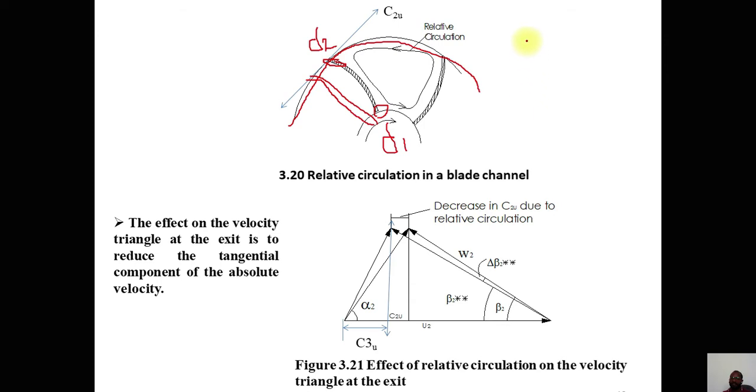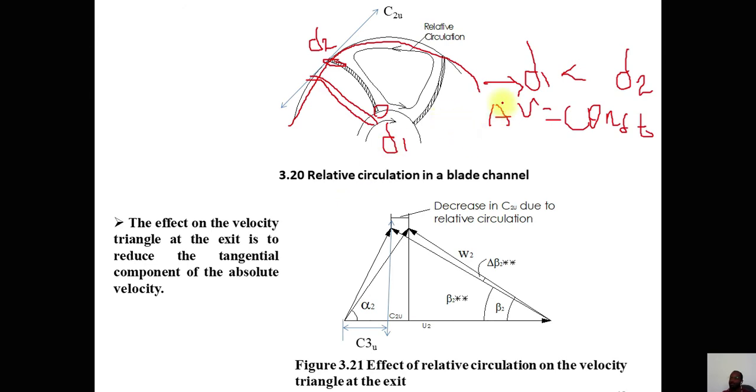And whenever there is a sigma 1 thickness which is less than the sigma 2 thickness, this is from the application of the continuity equation, which states that AV is constant. What does that mean?